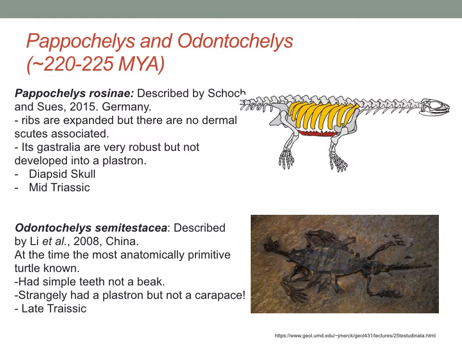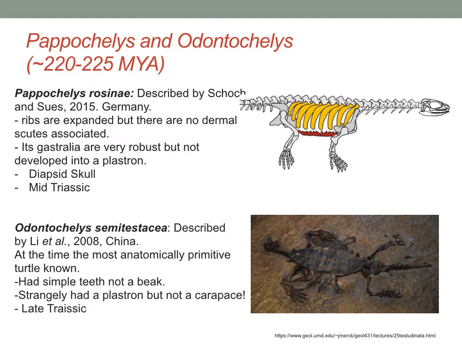In 2008, we had found Odontochelys, which was in China, and it lived later, so closer to present day, rather than Pappochelys. So it was around in the late Triassic, which I see is spelled wrong there. I'll have to fix that. And it had some things that made it different than modern day turtles.